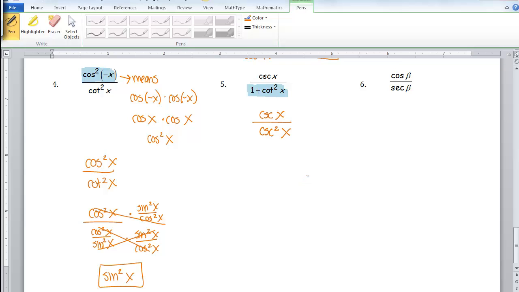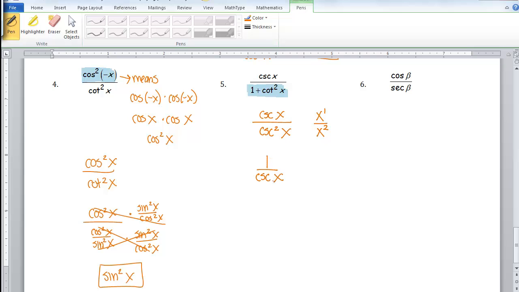This basically means I have something like an x divided by an x squared. You know that when you're dividing with the same base, you subtract the exponents. And so this is the same thing as having cosecant to the negative 1, but we also know that we don't ever leave negative exponents, and so we'll put that in the denominator.